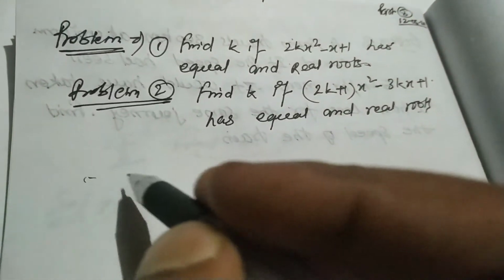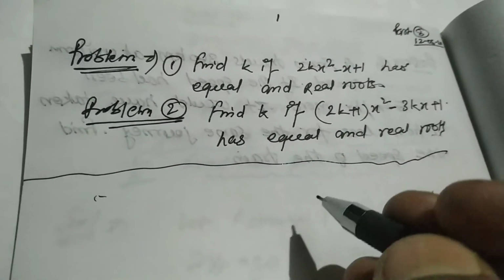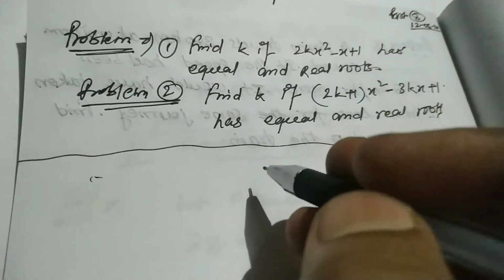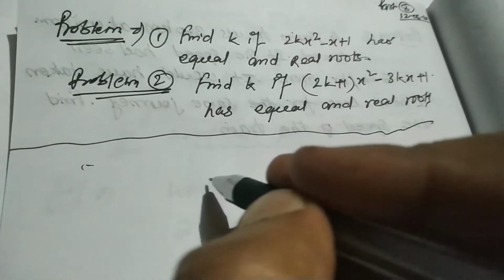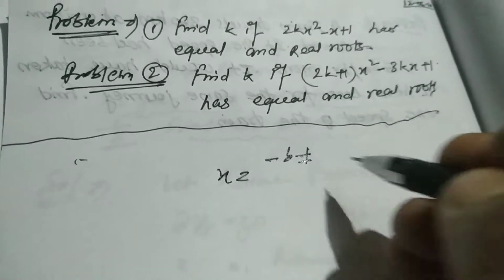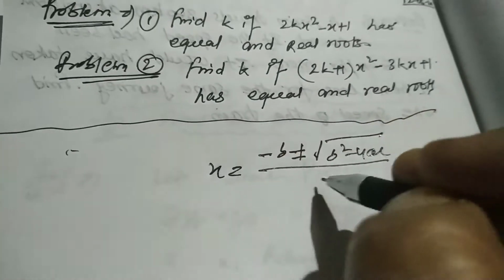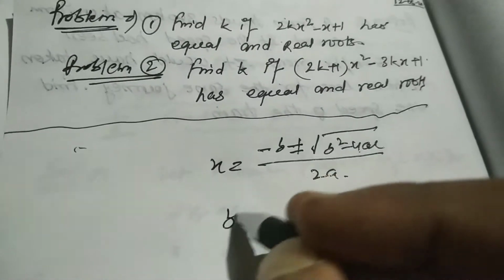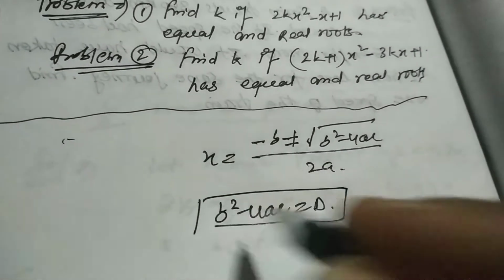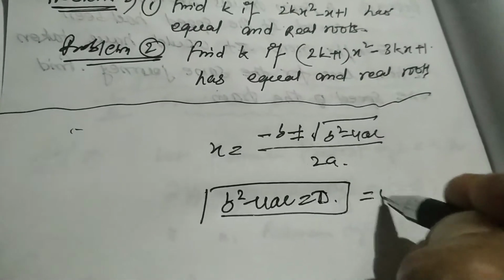Before discussing the solution of the question, we have discussed in earlier sessions that x is equal to the solution of a quadratic equation, that is the quadratic formula: x = (−b ± √(b² − 4ac)) / 2a, and b² − 4ac is equal to D. If it is equal to 0, we call it the discriminant.